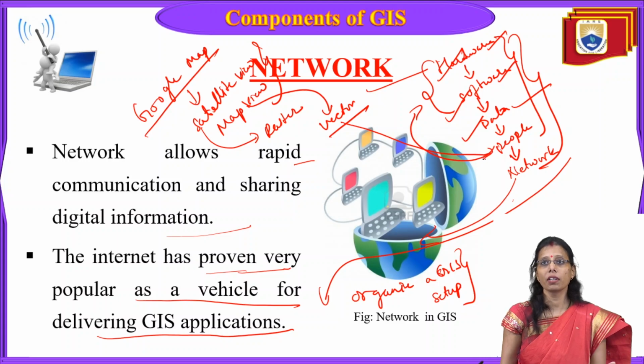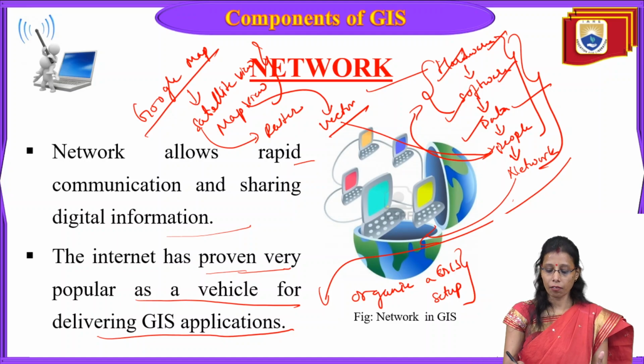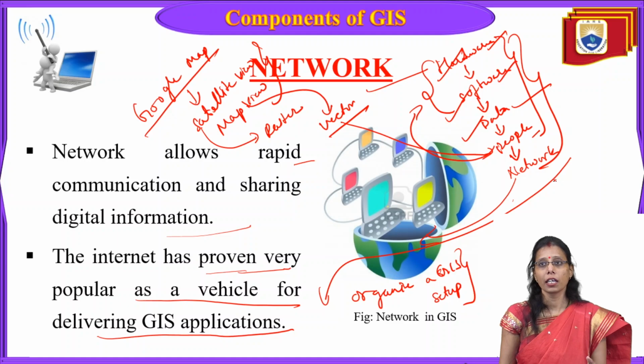If people are not available, then there is no use of this kind of information present on Google Map. So we have to see that people should be there, and finally it should be used through the networking. The information should be shared from one country to another country. The developmental activities should be shared from one state to another state. Whatever activities are going on from the present situation to a future situation, all that information is shared through the networking system.